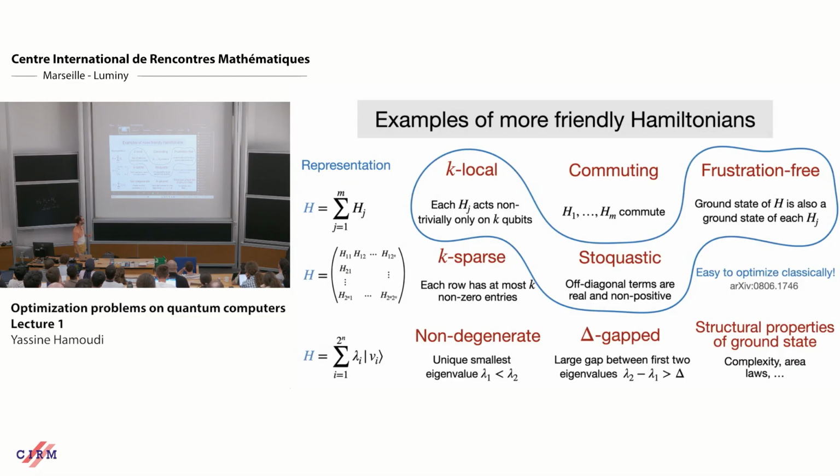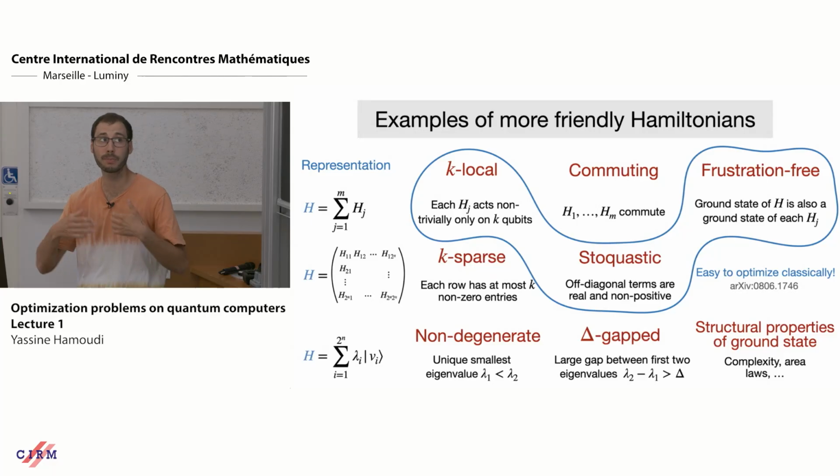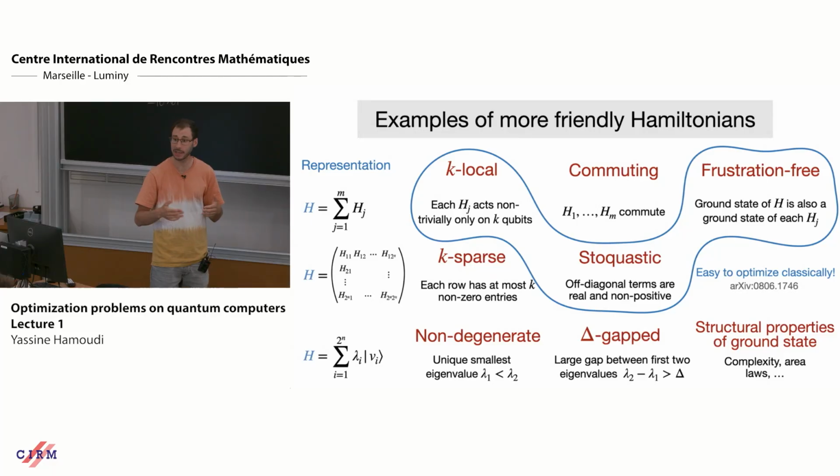Let's imagine that you try to optimize, so find the ground state of a Hamiltonian which is k-local, stochastic, and frustration-free. Well, it turned out that this particular set of assumptions actually makes the problem classically easy as well. So you shouldn't make too many assumptions, right? It's really all about finding the right set of assumptions which makes the question non-trivial.